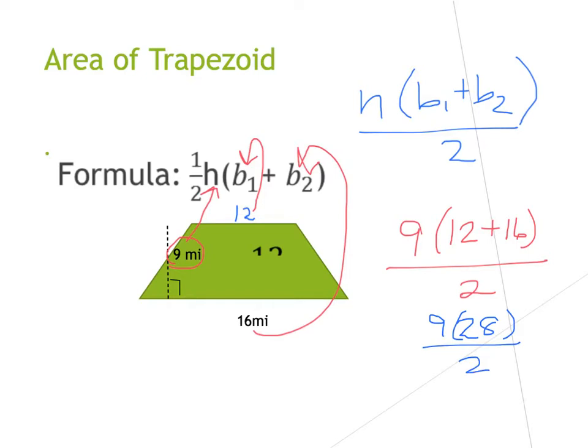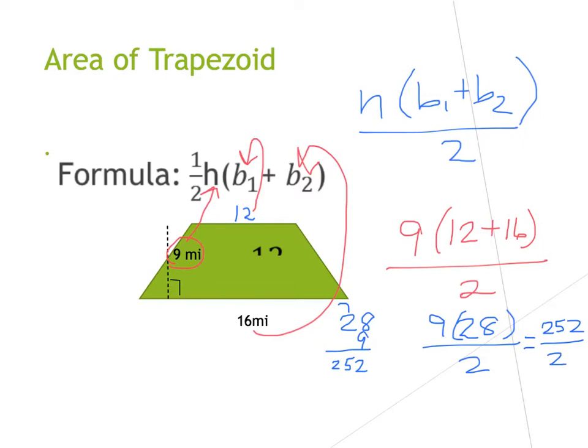All right, so I know that 28 times 9, if I actually work it out, 9 times 8, 72. 9 times 2 is 18. 18 plus 7 is 25. All right, so that means I have 252 divided by 2.